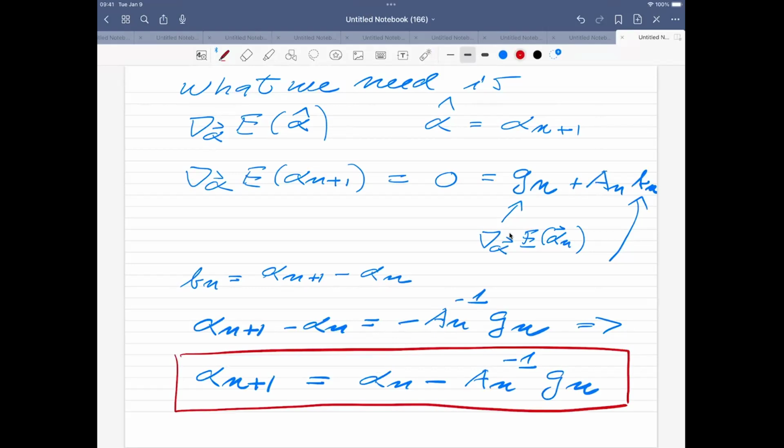Newton-Raphson's method is based on a Taylor expansion around the optimal value, and you keep only terms to the second derivative. So this is nothing but Newton-Raphson's method. And if I can calculate the inverse of that matrix, and I can calculate the gradient easily, then I actually have the solution to the problem.